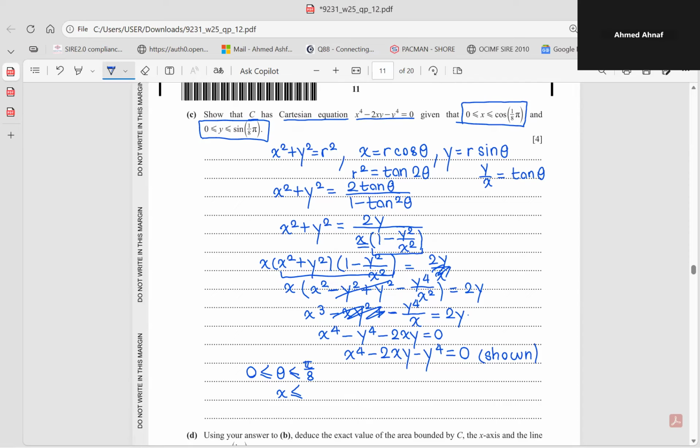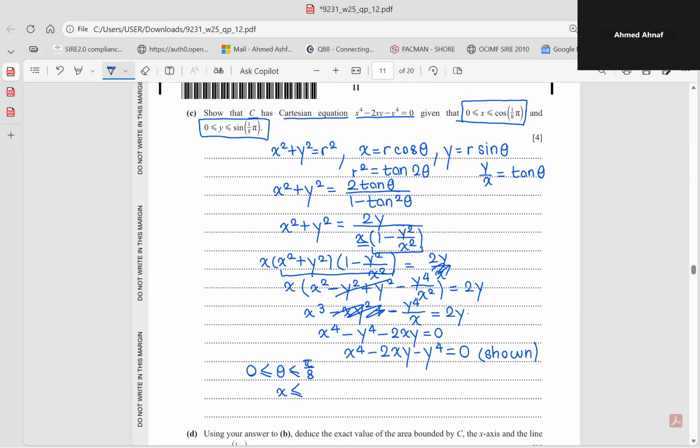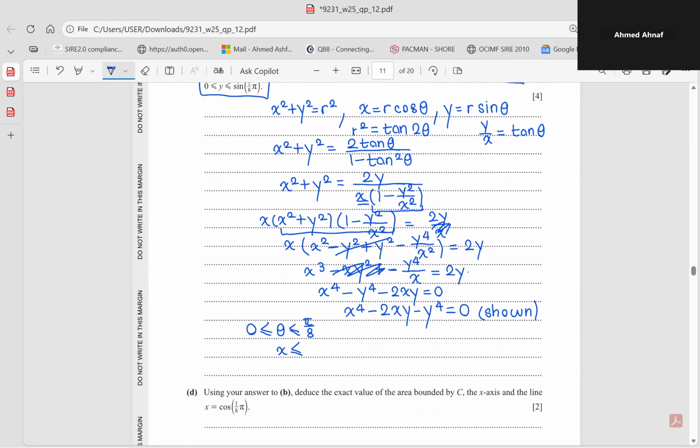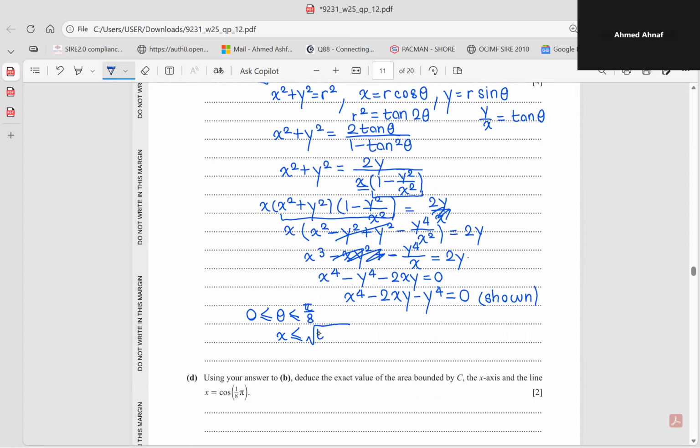Wait a minute, r squared is... wait, r is just square root tangent 2 theta.